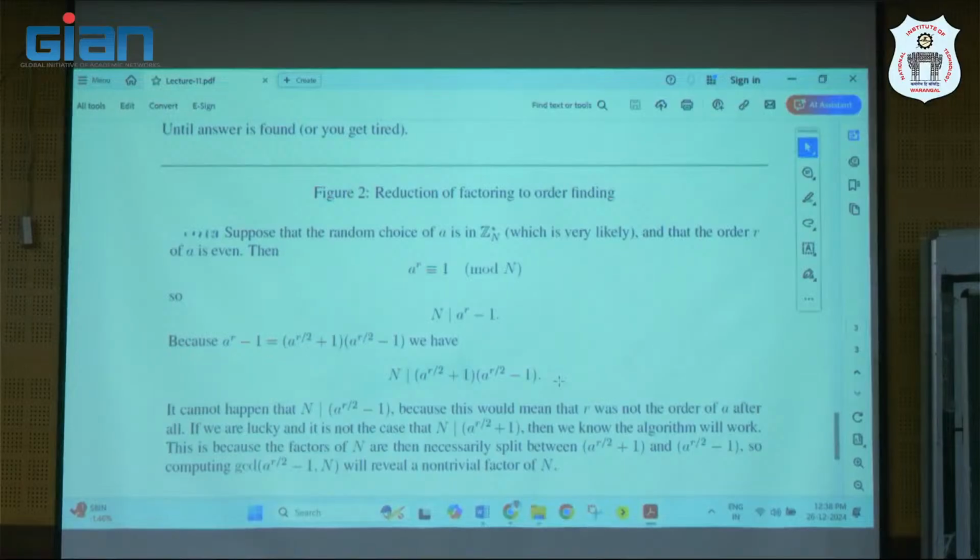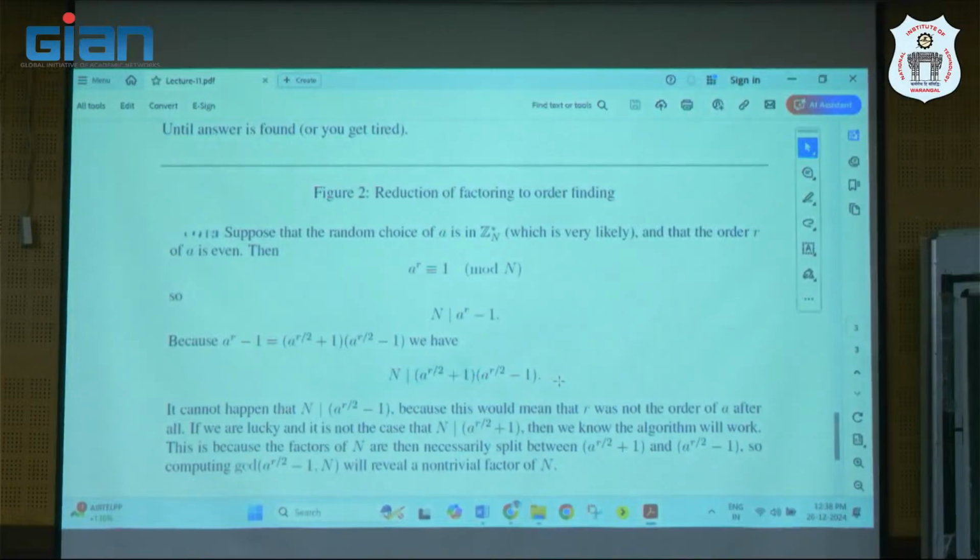Good. N cannot divide A to the power R over 2 minus 1. Now let us assume that we are lucky that N also does not divide this. Let us assume, so this is another good case for us. That is, N is also not dividing A to the power R over 2 plus 1. Now if that good case also happens, then what happens?